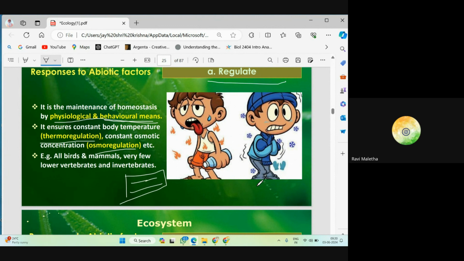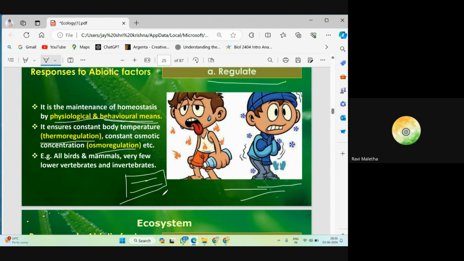But in the sea, water is much more than salt. This is known as osmolarity, the amount of salt present in water. Understood this osmolarity? Amount of salt present in water.